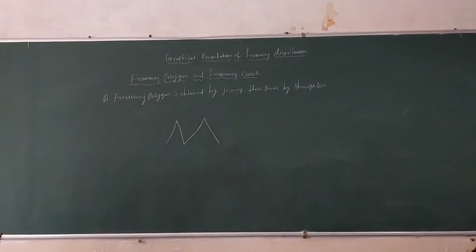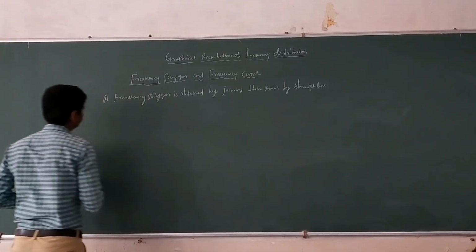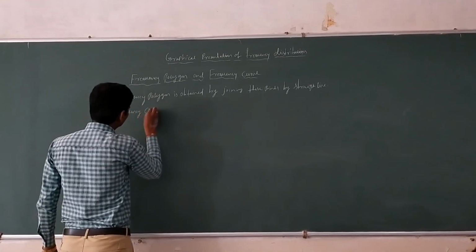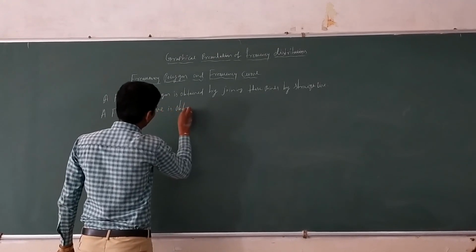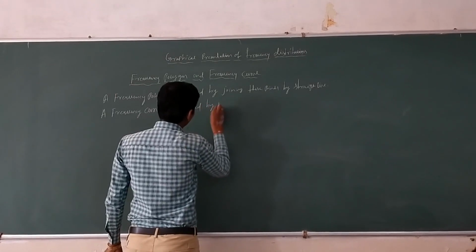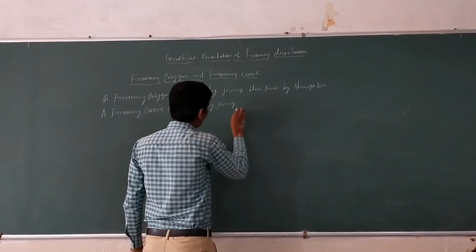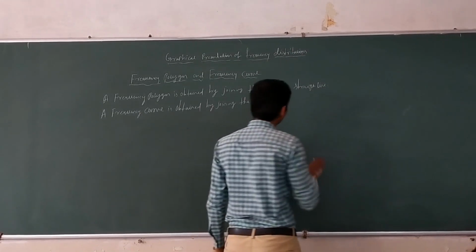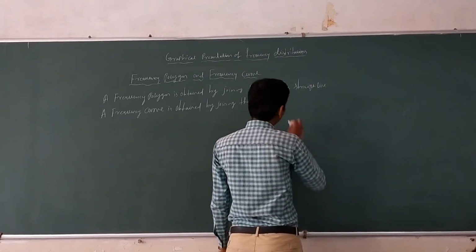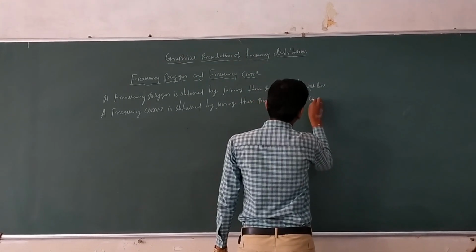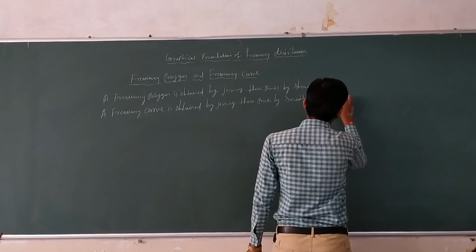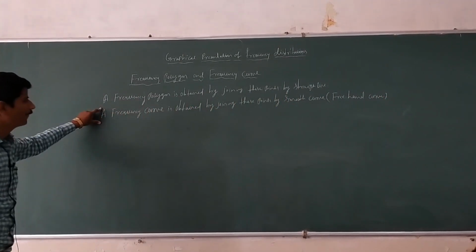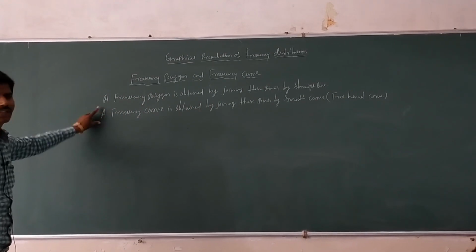Then what is a frequency curve? A frequency curve is obtained by joining these points by a free-hand curve or smooth curve, like this.